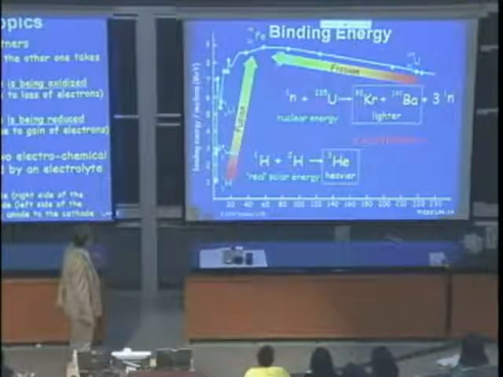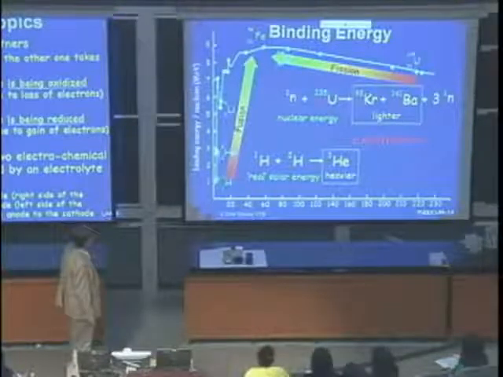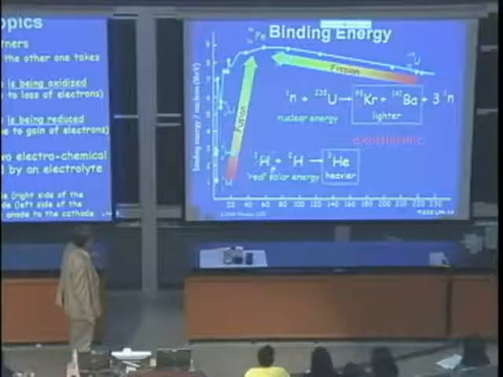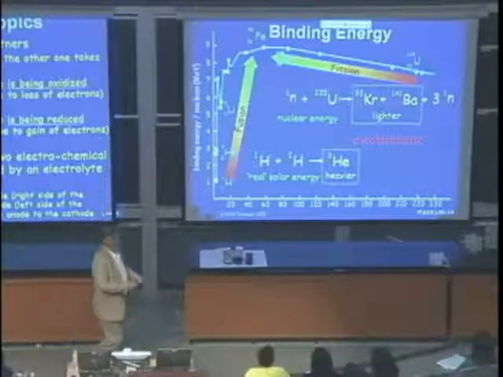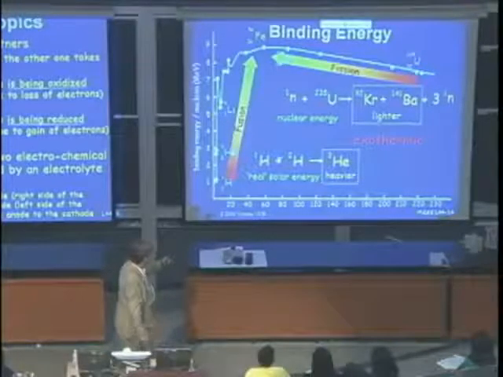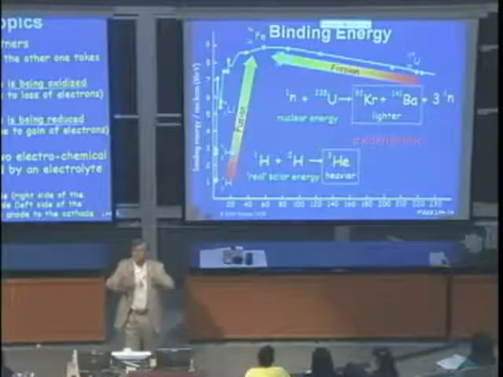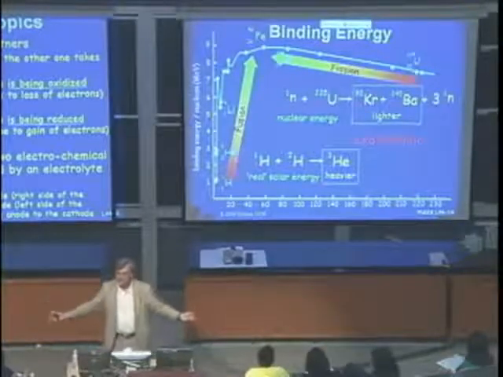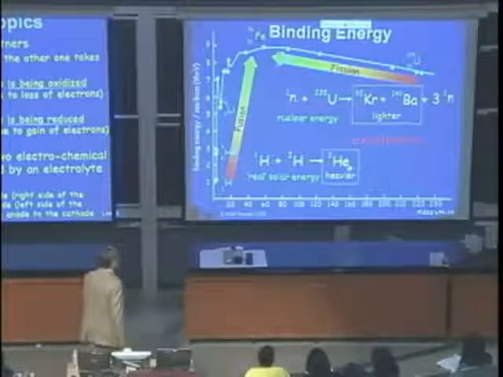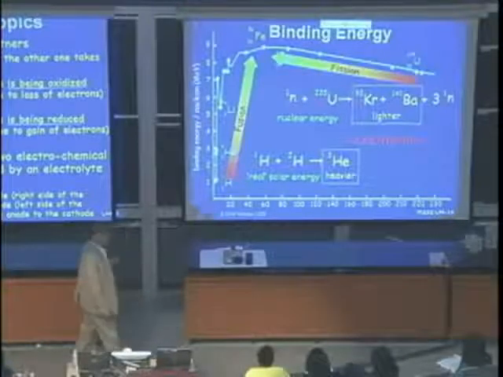And helium-3 has more than twice the binding energy of these guys here. So when this binds together with this here, it releases a tremendous amount of energy, right? And this energy is what happens in the sun, on the surface of the sun.